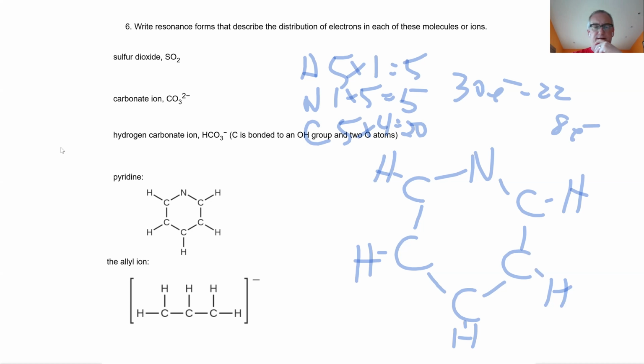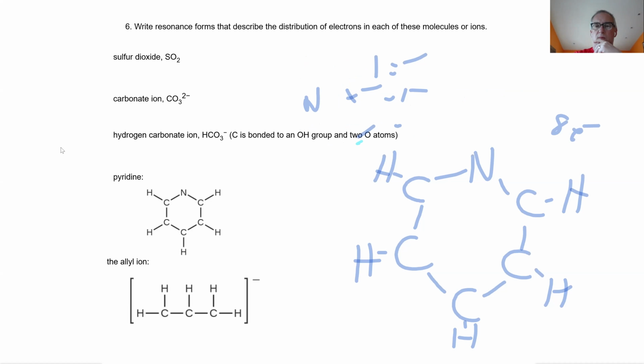So who needs electrons? Nitrogen. Yes, nitrogen. When you see nitrogen in a molecule, how many bonds and lone pairs does it normally have? 3 bonds, 1 pair.